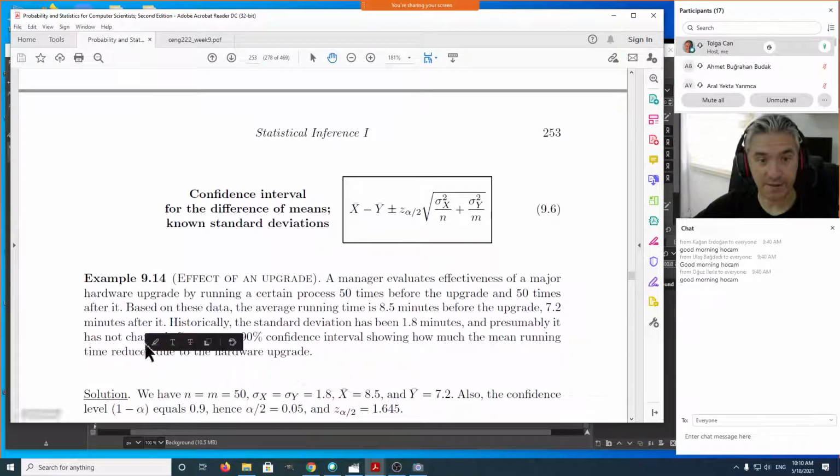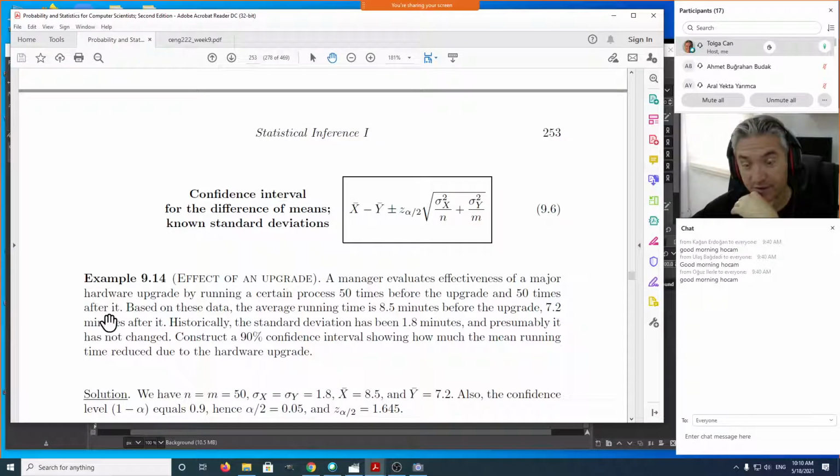This is a nice example. A manager evaluates the effectiveness of a major hardware upgrade by running a certain process 50 times before the upgrade and 50 times after it. So this is a controlled experiment where the same process is run before and after the upgrade, and the average running time is just like the example I gave, the running time of some algorithm you propose.